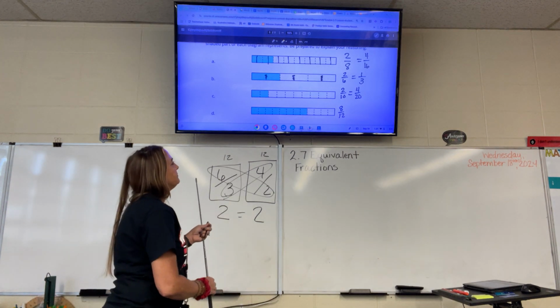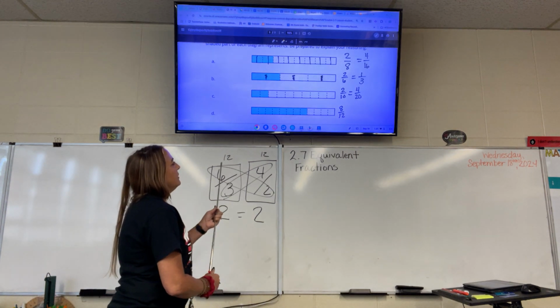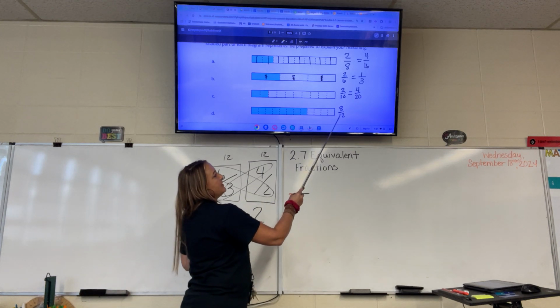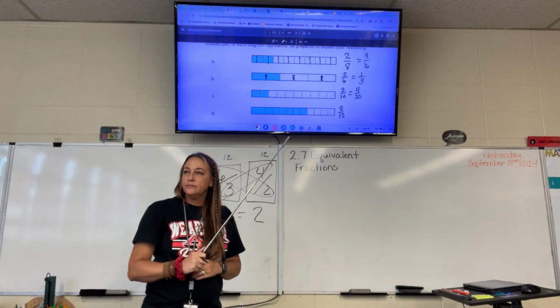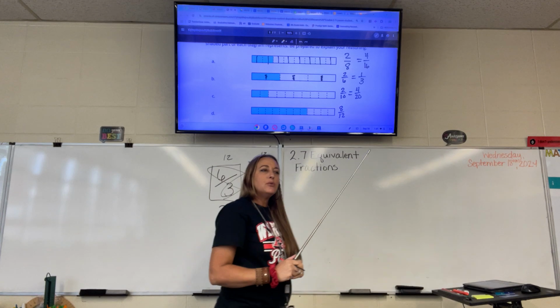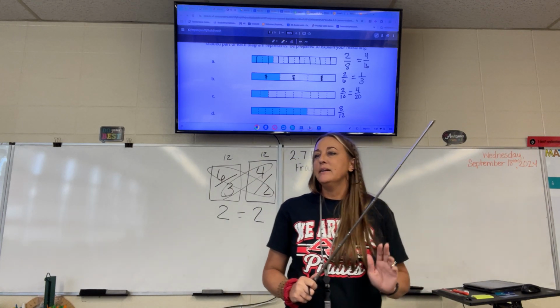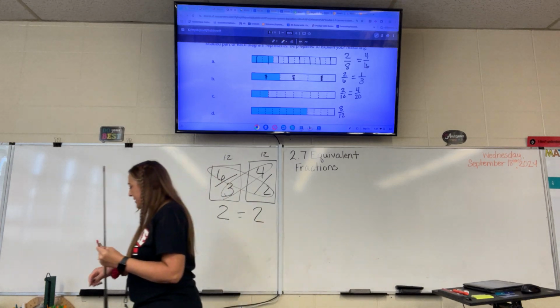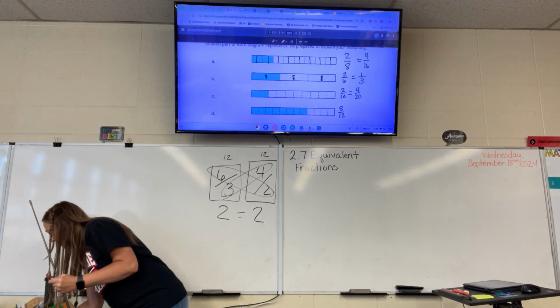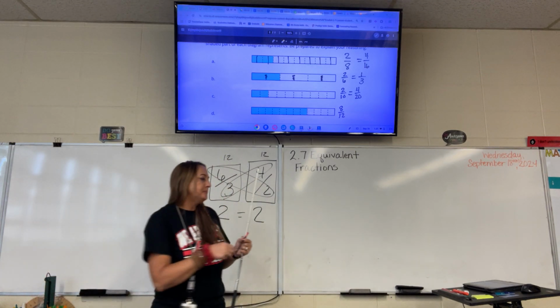Now, do you notice how both of these are even numbers? What is something you can divide even numbers by always? Ari? 2. You can always divide even numbers by 2.